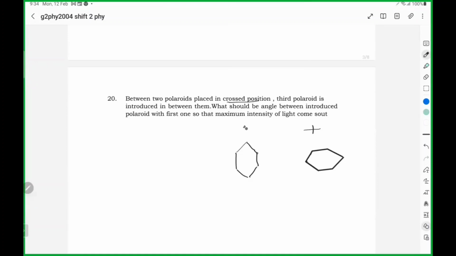Here the axis of one polaroid is this, and the axis of the other polaroid is this. A third polaroid is introduced between them. What should be the angle between the introduced polaroid and the first one?